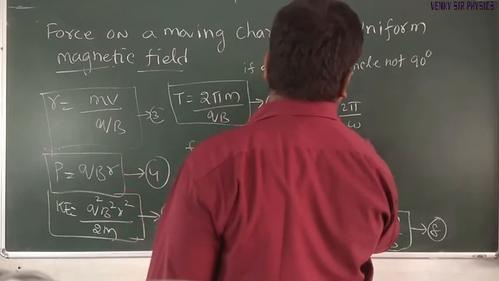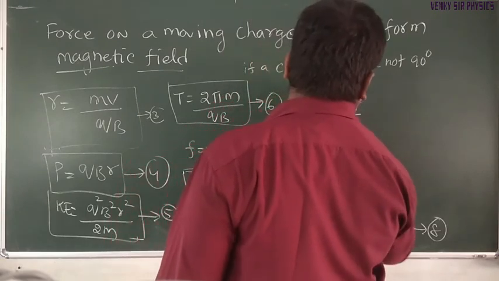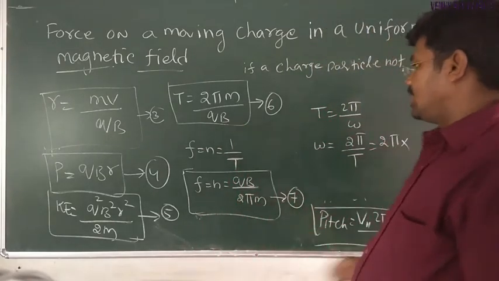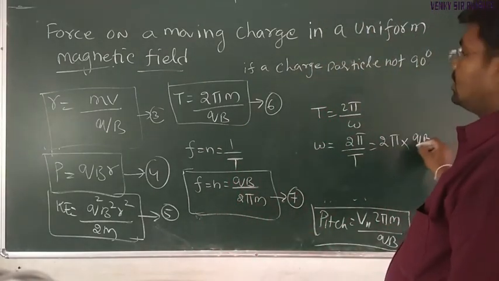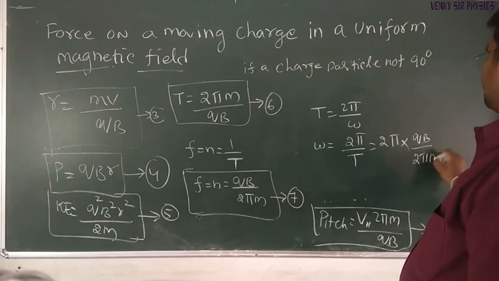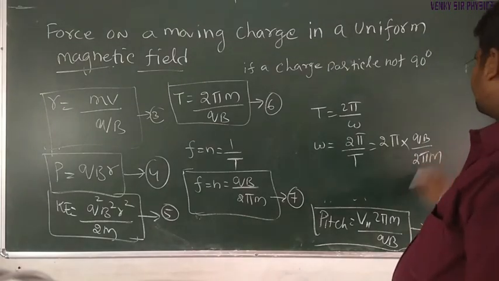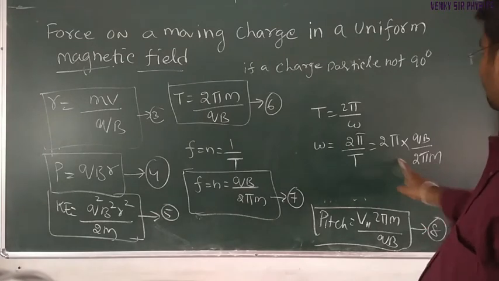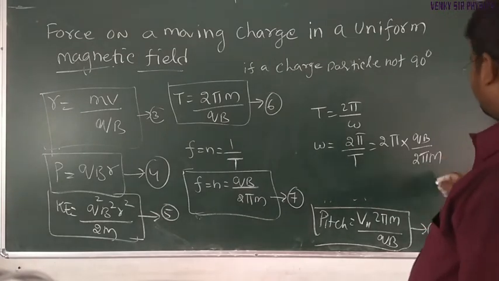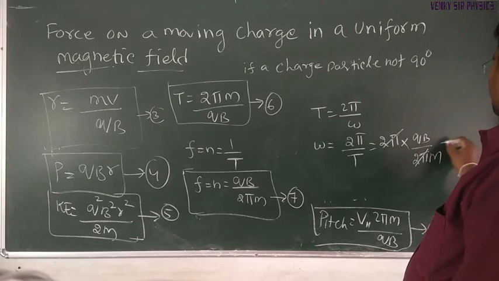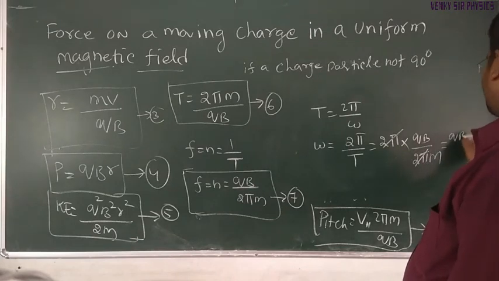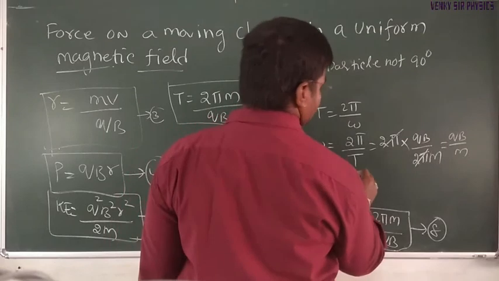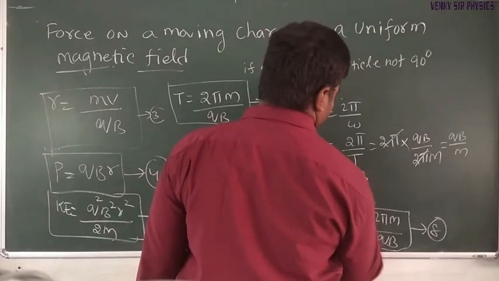Omega is equal to 2 pi by T, 2 pi into the reciprocal of time period, qB divided by 2 pi m. 2 pi by T is equal to 2 pi m by qB. 2 pi gets cancelled. Finally we get angular velocity is qB by m.